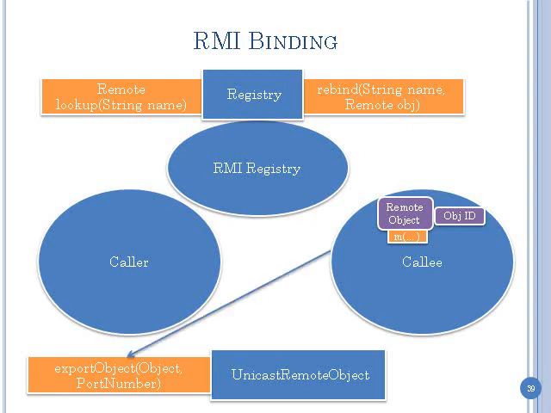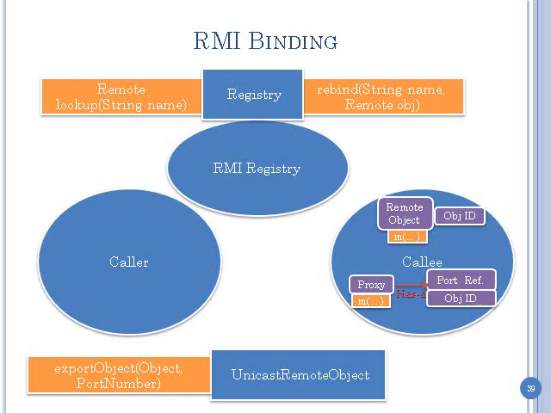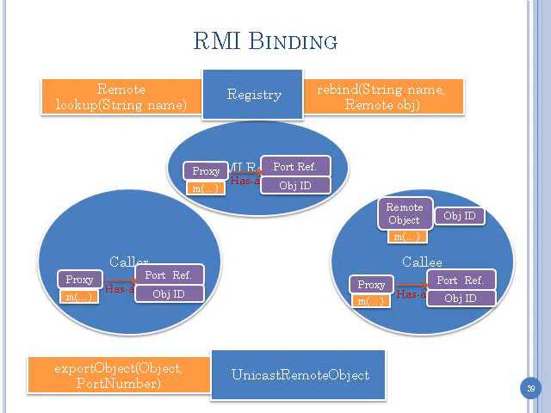So what happens? You export object. At that point, a proxy is created. Okay, and it's also returned, as you guys say. And then when you do rebind on the remote object, or you can do it on the proxy also, I guess, that sends a proxy to the RMI registry, right? And now you do a lookup, and it goes in, gets that.